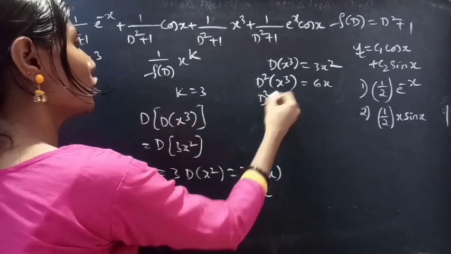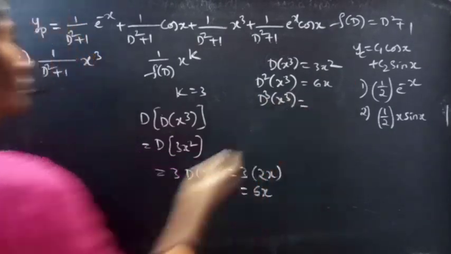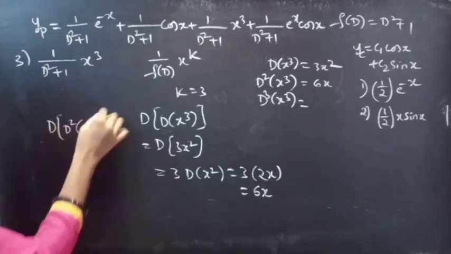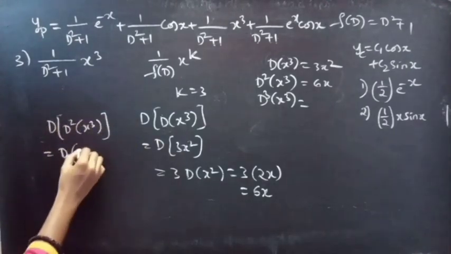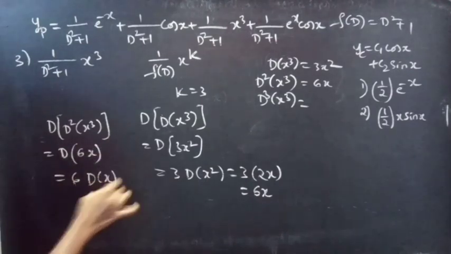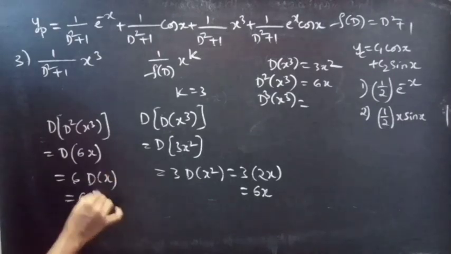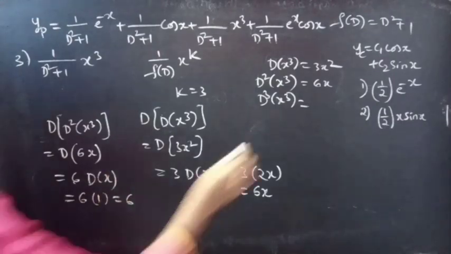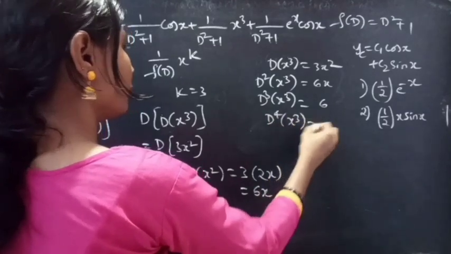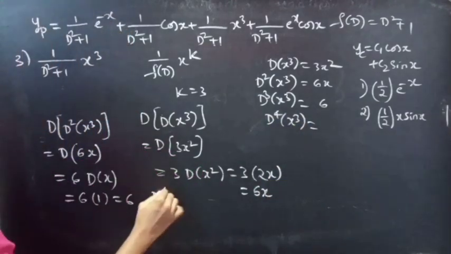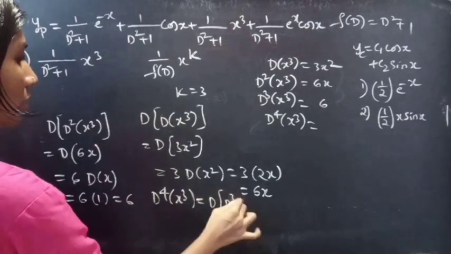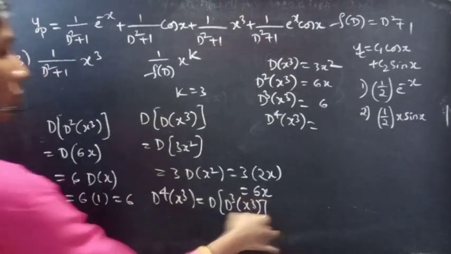Now let's find D cube of x cube, which is the derivative of D square of x cube. We have the value of D square of x cube, which is 6x. Now we can write it as 6 into the derivative of x. We know the derivative of x is 1, which gives 6, right? Next, D power 4 of x cube equals the derivative of D cube of x cube.